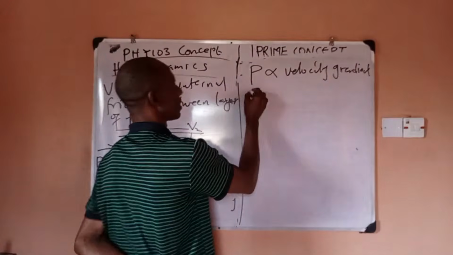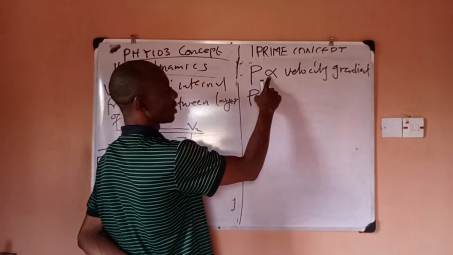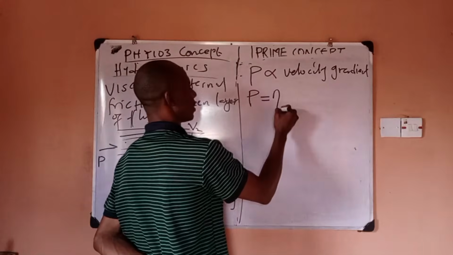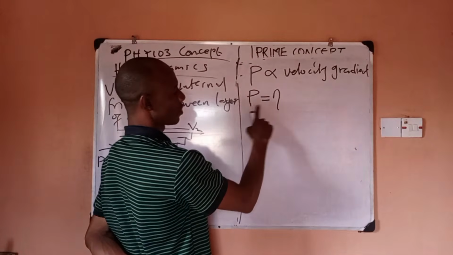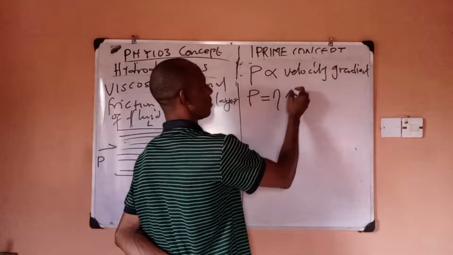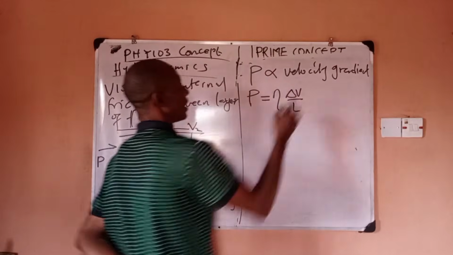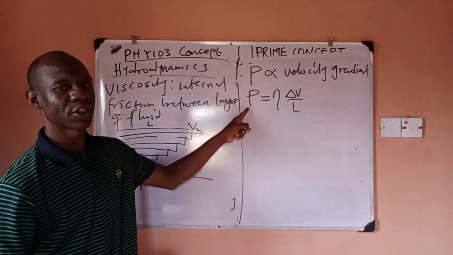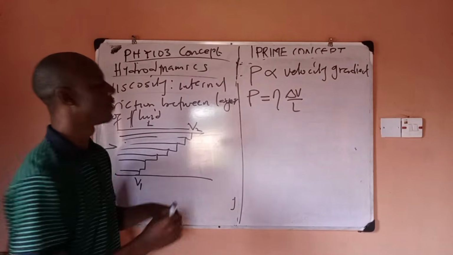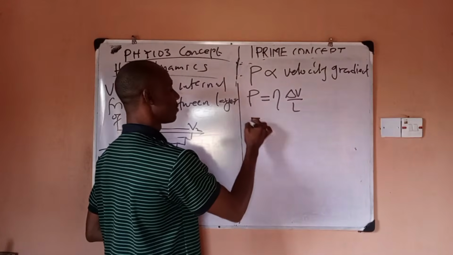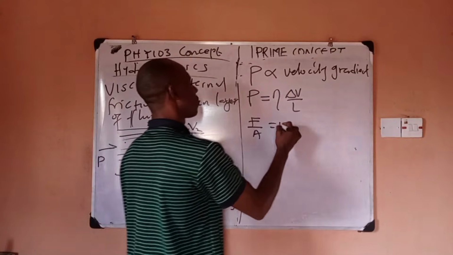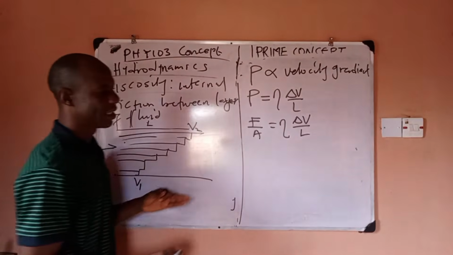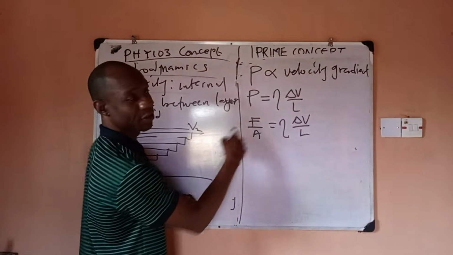So it means that pressure, if I remove the proportionality sign, I will introduce a constant, which is the coefficient of viscosity. So pressure is equal to this times change in velocity over length, right? Yes, and also you know what pressure is. Pressure is force over area. So I would say force over area equals this, change in V over length. Very easily, I can make force the subject.